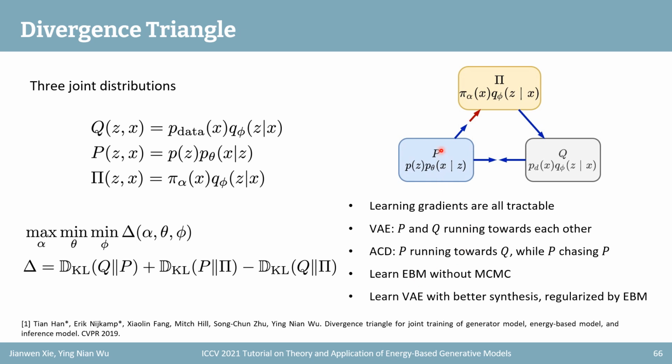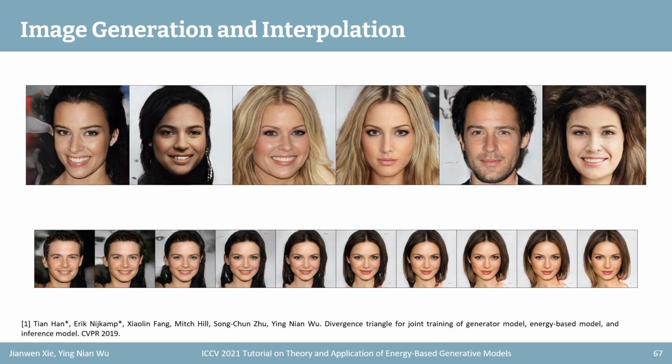So this P has to be close to this target density defined by this energy-based model. Okay, so this gave us a unification or at least an integration for adversarial learning and variational learning. This slide shows some image generation results and also interpolation results in high resolution by this divergence triangle.